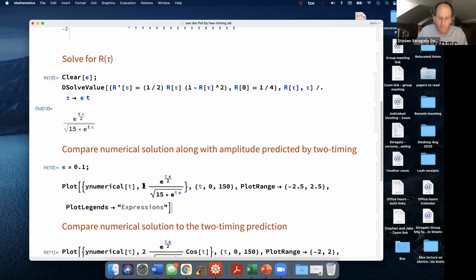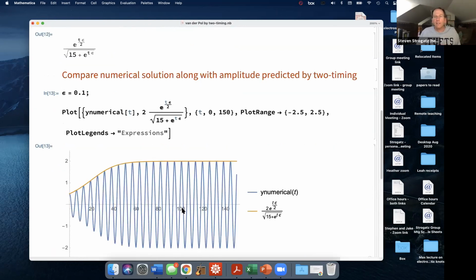The 2, remember, I need because that 2 appeared in my formula for y. So I graph this, and you see that the orange curve is giving me the growth of the amplitude, perfectly matching the envelope on this modulated cosine wave. So it's a magnificent thing.